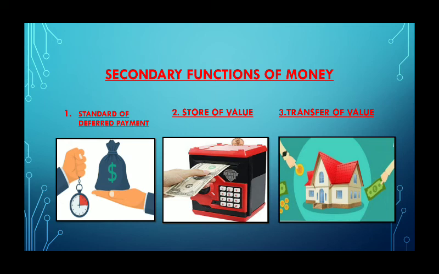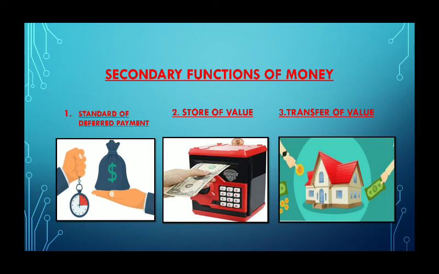So what we are doing is transferring our value from Delhi to Kolkata, and money is helping us over there. We had an asset in Delhi and we are transferring that to Kolkata, but we cannot transfer our home from Delhi to Kolkata.